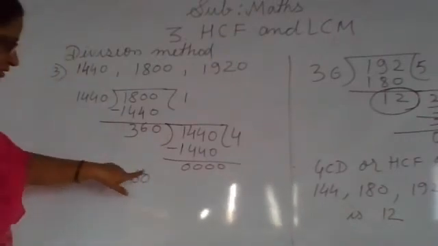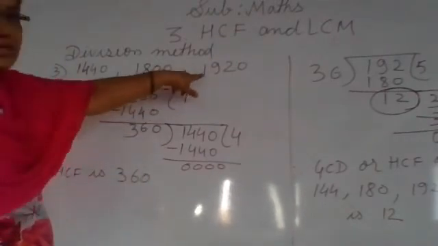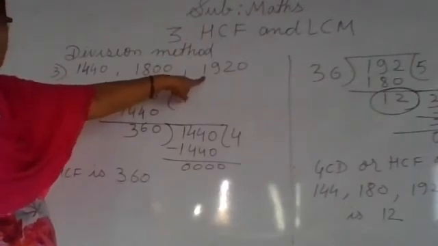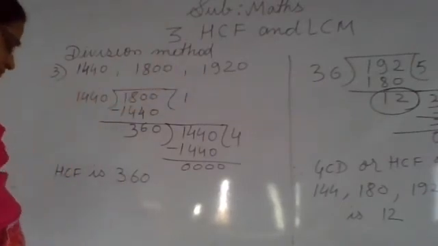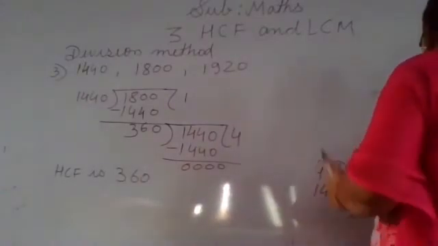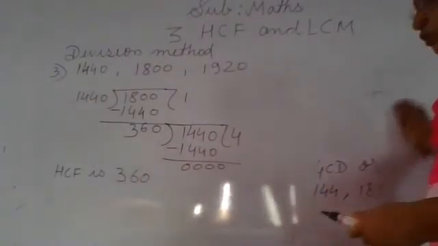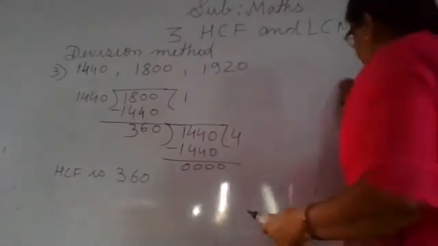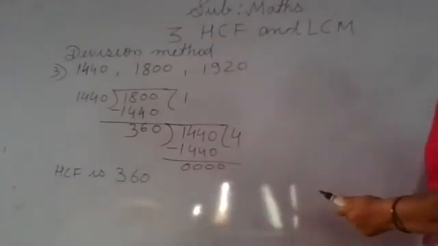Now we will take this HCF and the third number 1920. Okay, so you have to solve it yourself. Solve quickly.